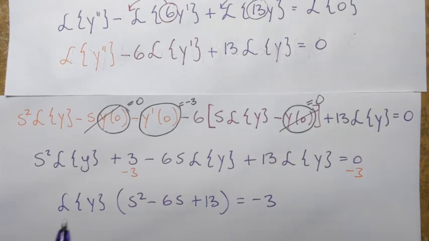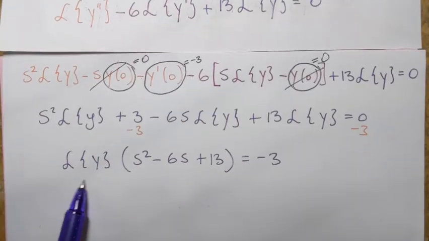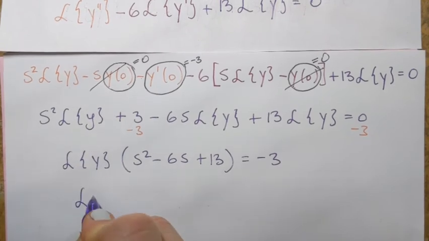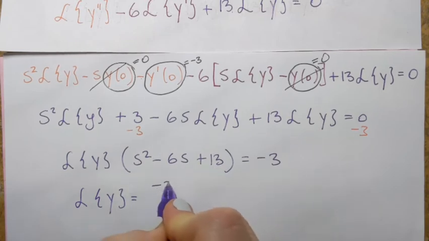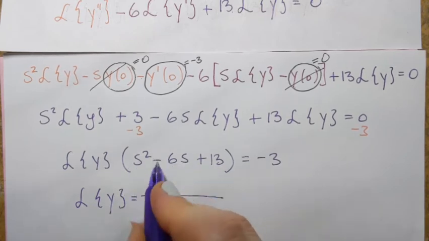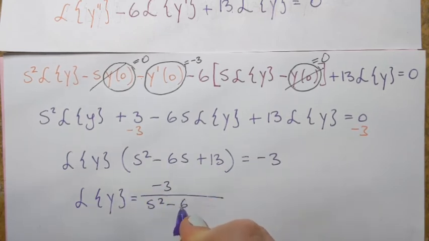Okay, and now to solve for the Laplace transform, we just have to divide both sides by this trinomial. So the Laplace transform of y equals -3 over this trinomial, s squared minus 6s plus 13.